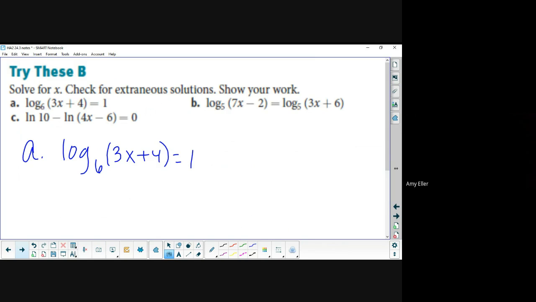No different than the last 3 you did. This is log base 6. I'm ready for an exponent with the base of 6. Six to the first is 6.